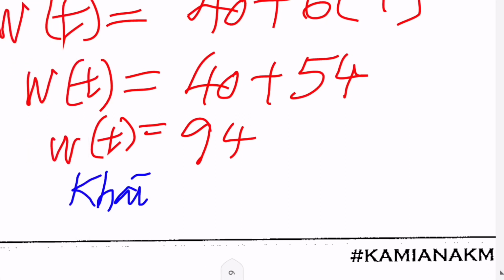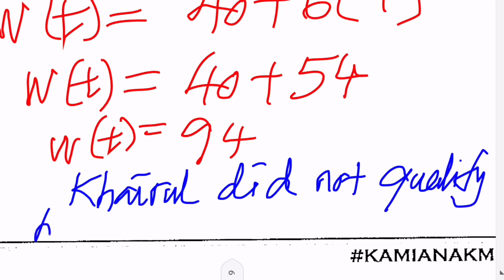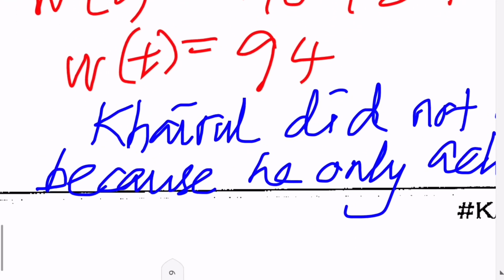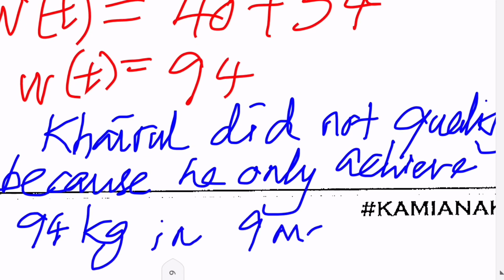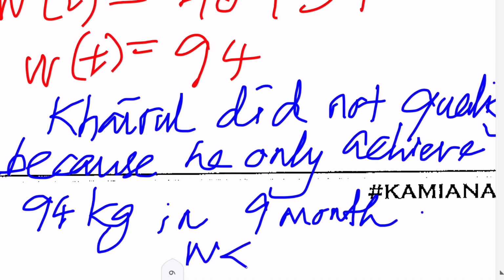So that means Carol did not qualify for the competition. This is because he only achieved 94 kg, which is less than the target 100 kg within 9 months. So you have to write a sentence to justify your answer.